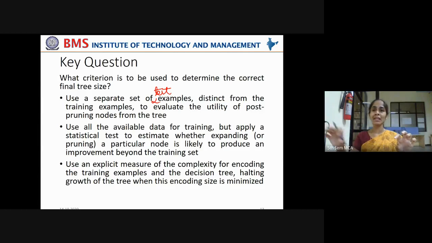Check the model's accuracy with the test data points. If it is giving better accuracy than before, remove that node, prune that node. If it is not giving better accuracy than before, keep the node. Do not prune it. That is the decision criteria, right?